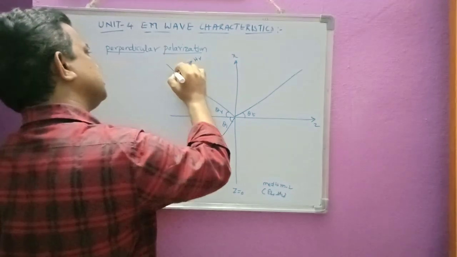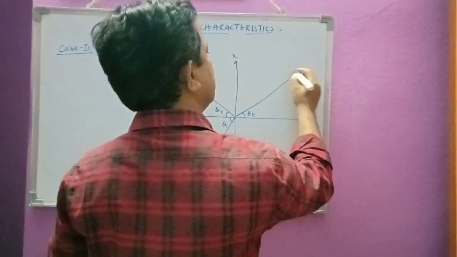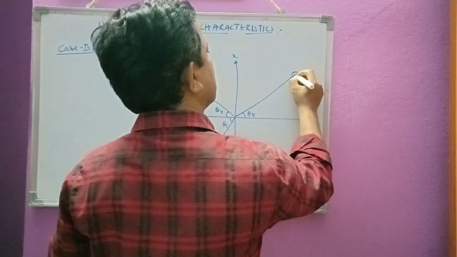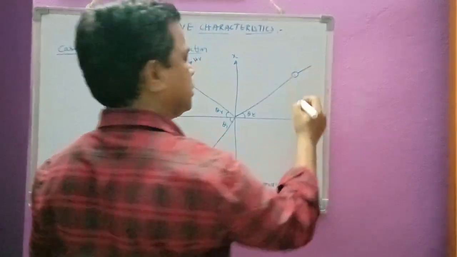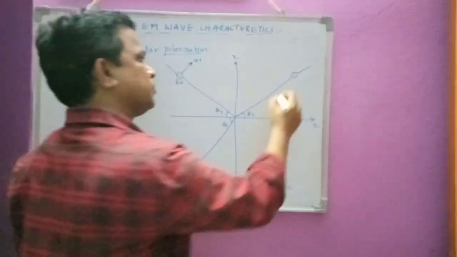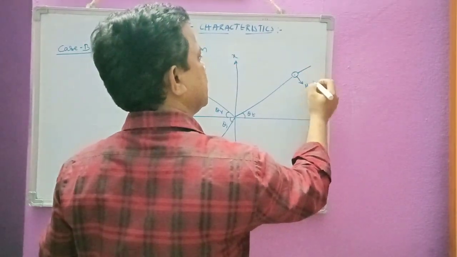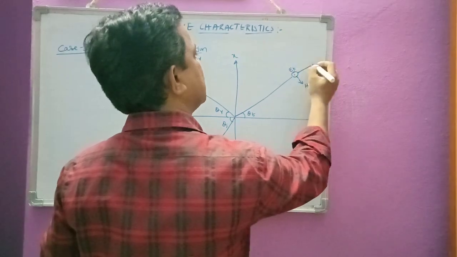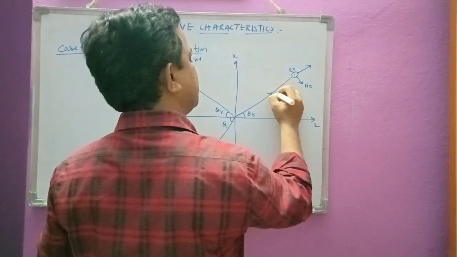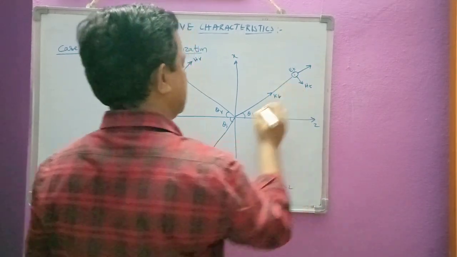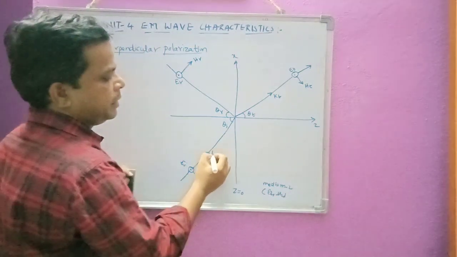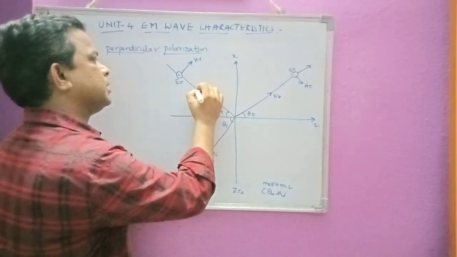Similarly for the transmitted wave, the magnetic field will be like this. This is HT and this is ET. And now the propagation vectors: this is KT, this is KI and this is KR.